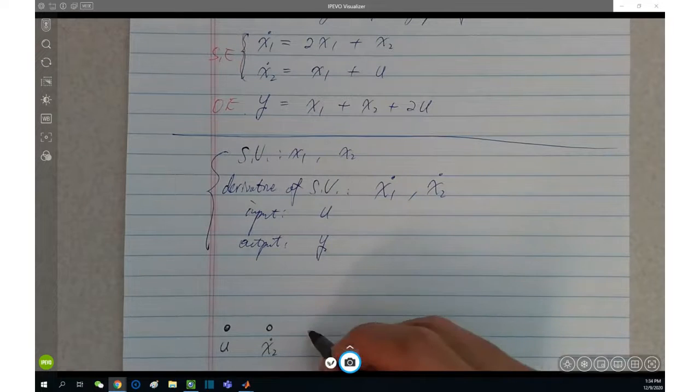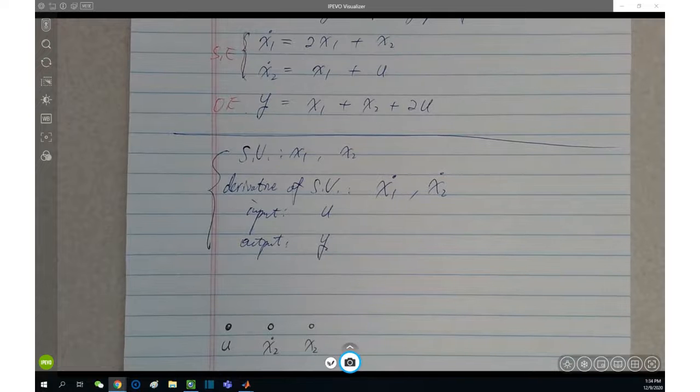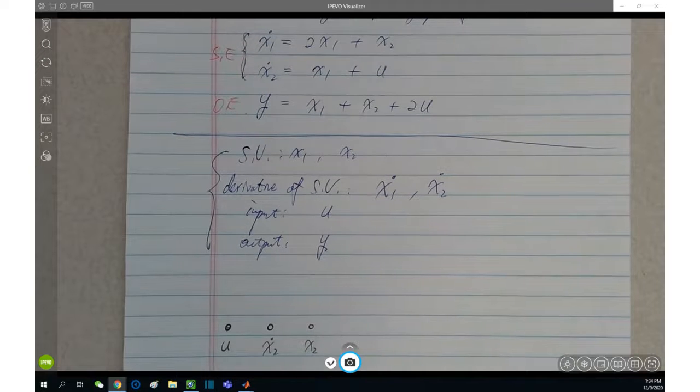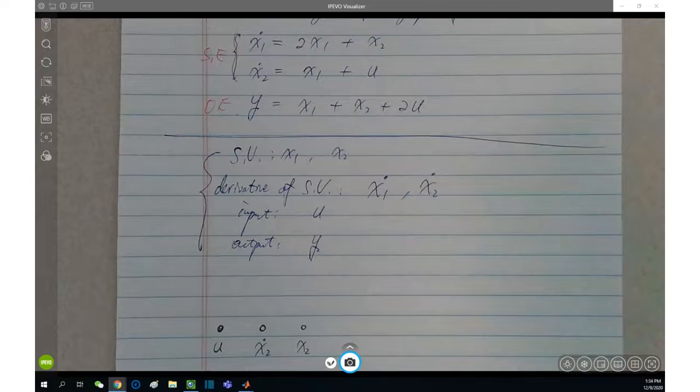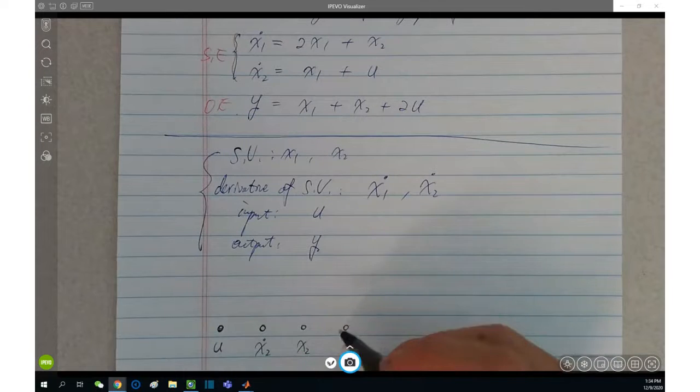Followed by whom? State variable n, right? State variable n is whom? x2, we just identified. Followed by the second last state variable derivative, which is x1 dot.